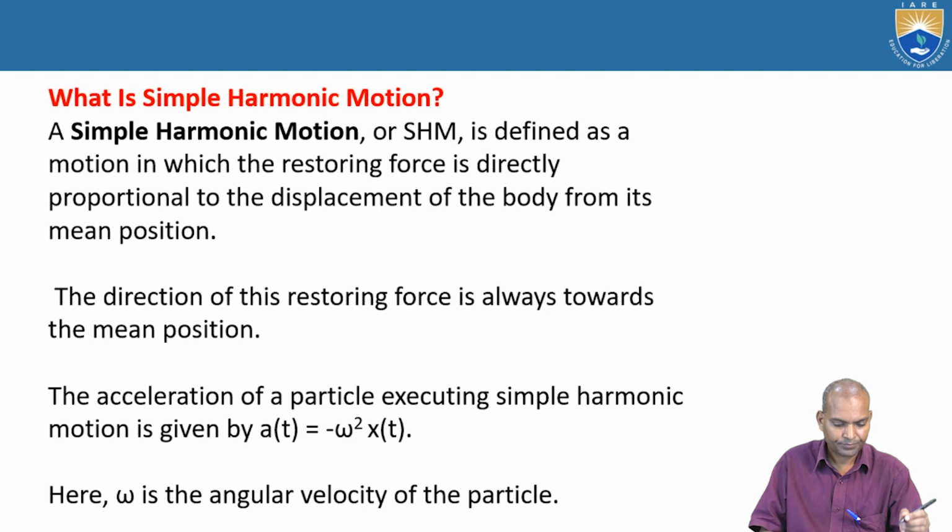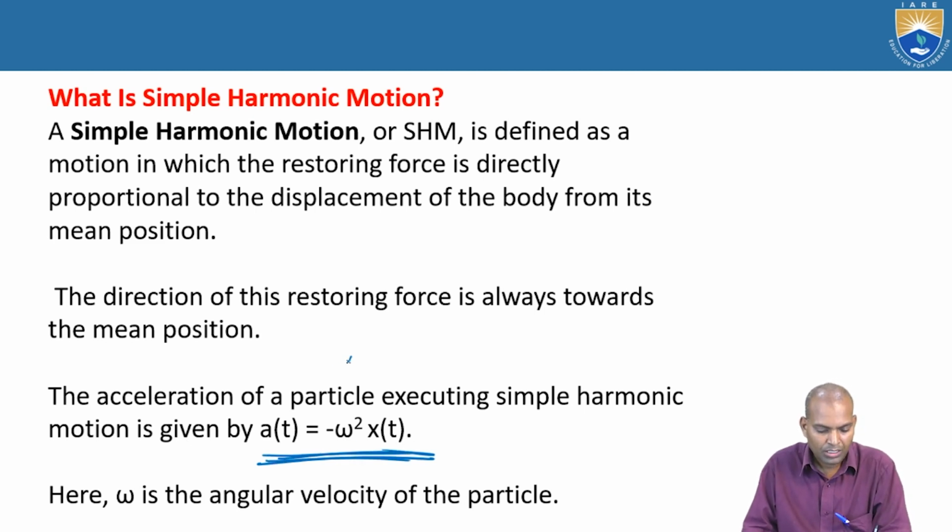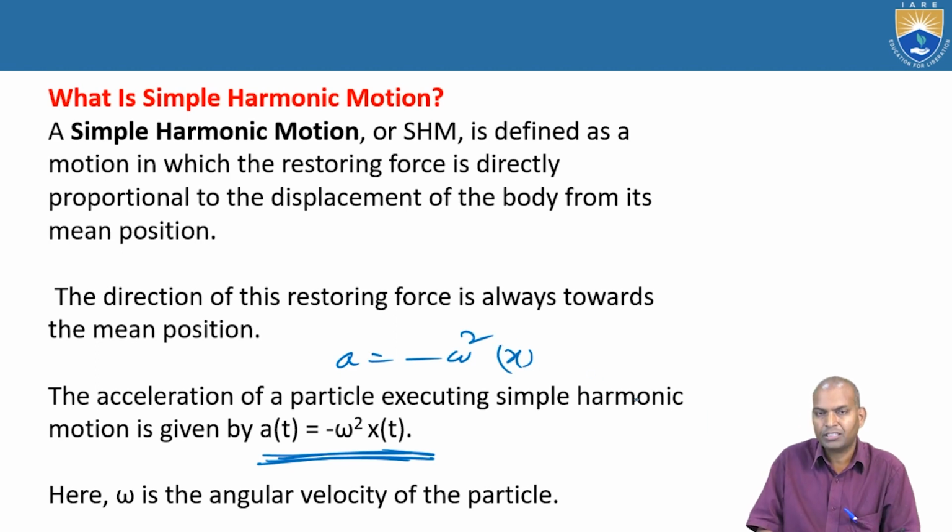Coming here, as I mentioned, simple harmonic motion, I keep on explaining. The main thing, the novelty in this slide, is that a of t, that is acceleration, equals minus omega square times x, where x is a function of t. This is the acceleration.